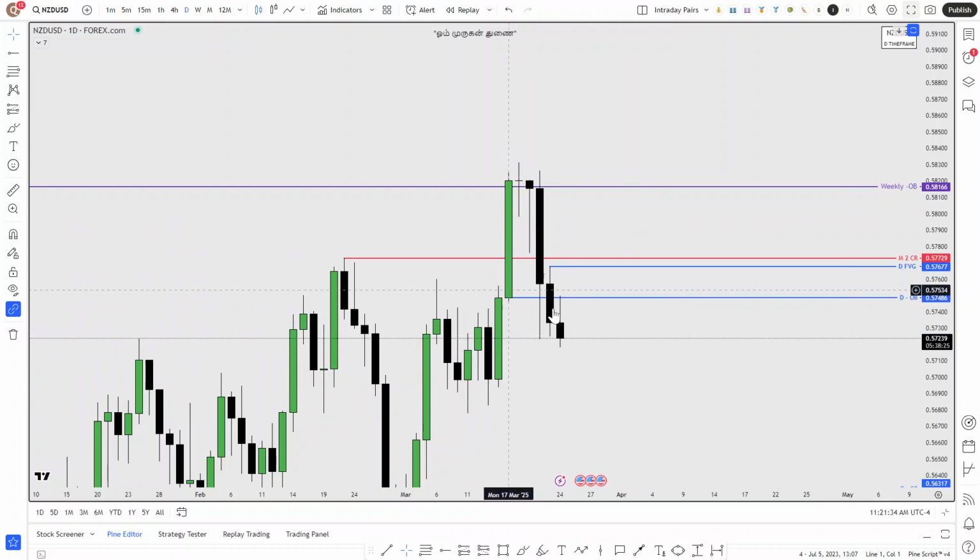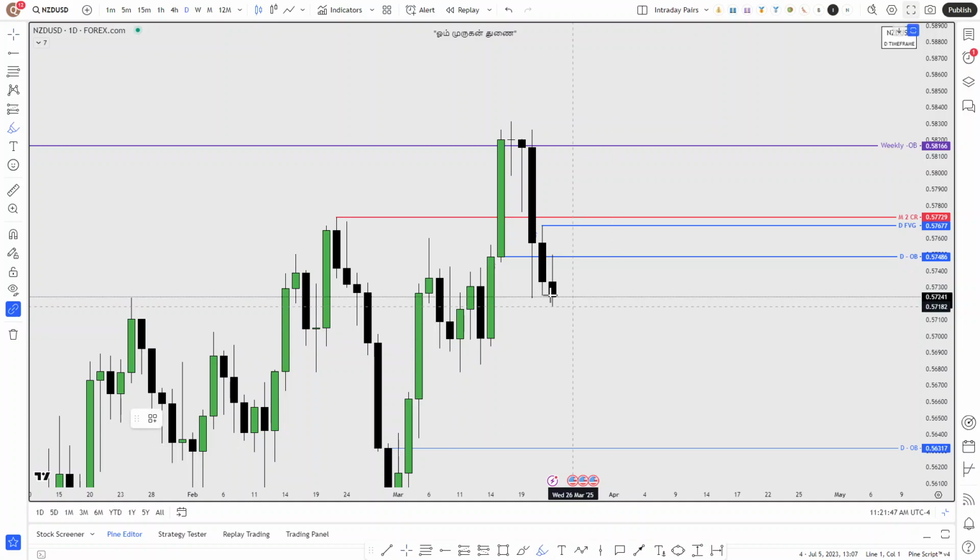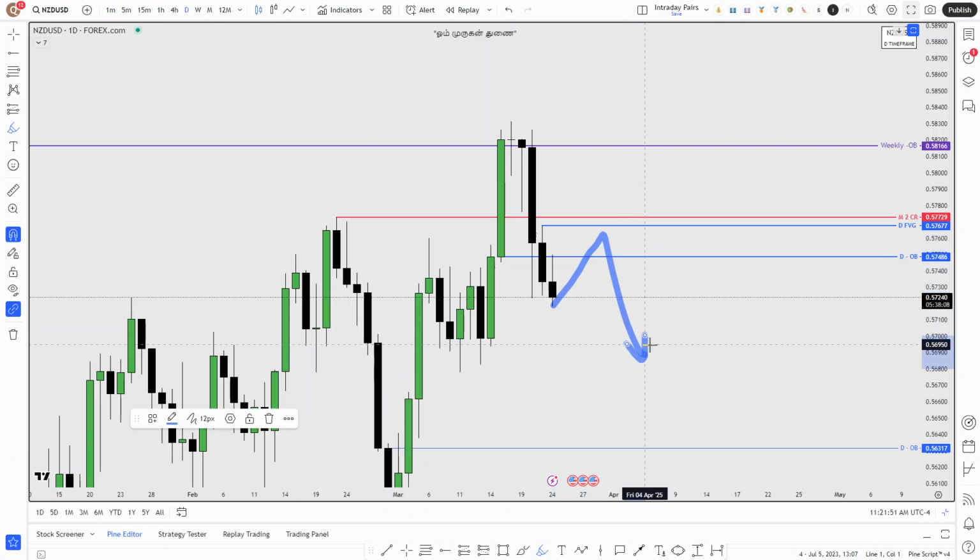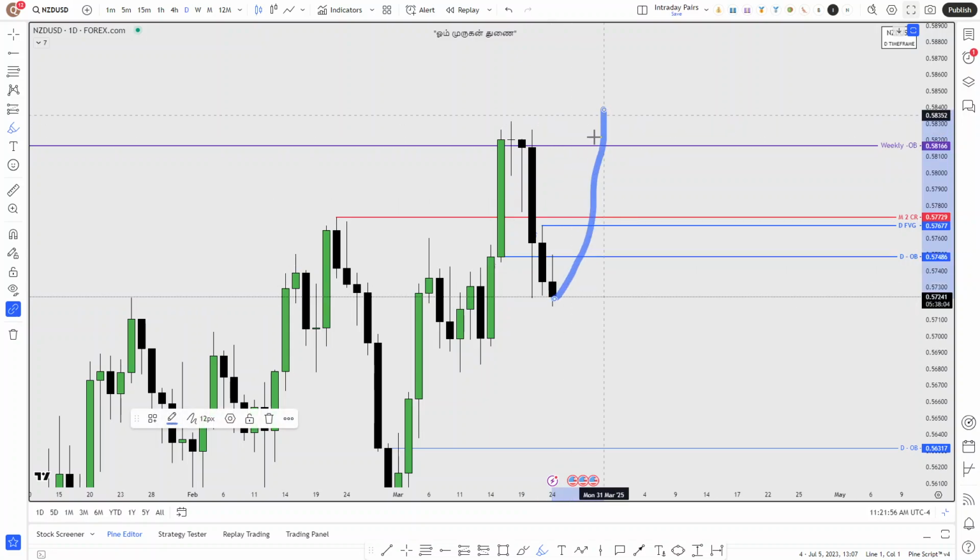And inside this daily bearish OB, we also have a daily FVG. So we can see a lot of key levels being stacked within this crucial price range, within this defined price range. So this clearly shows that price is more intent to go lower. Or in other words, we can say that price struggles a lot to cross this price level and go further higher.